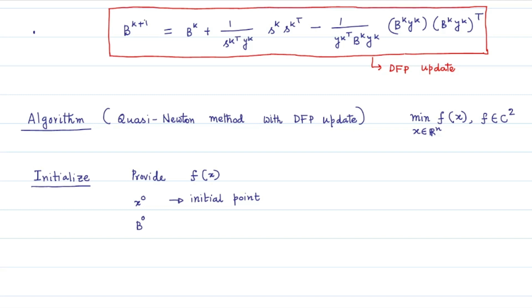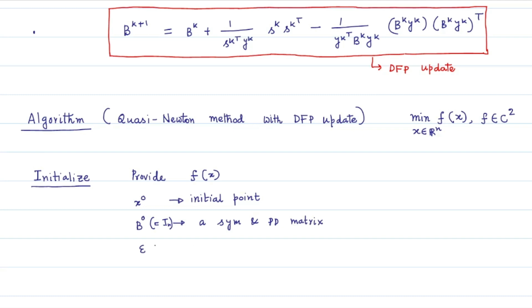We notice that in finding the sequence B_k, we have to start with one given matrix B_0, right? So that B_0 we have to pass in the initialization step, which you may consider simply a positive definite symmetric matrix, possibly the identity matrix of order n, or else you can give any symmetric and positive definite n by n matrix.